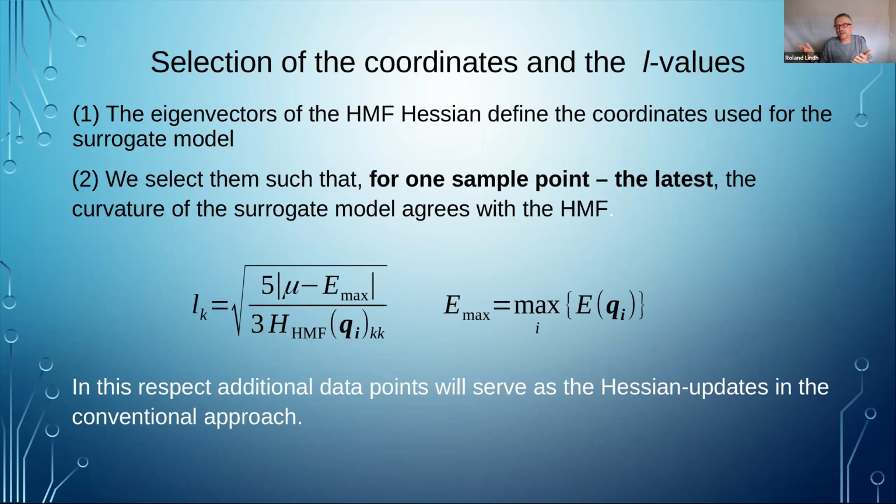On the first iteration, you have to use whatever guessed Hessian you have. Afterwards, as you add data points, it's going to compensate and start to produce the real surface. So initially, we compute the L value with this simple expression. And as we add more data points, that's going to correspond in some sense to the Hessian update method in the conventional method.